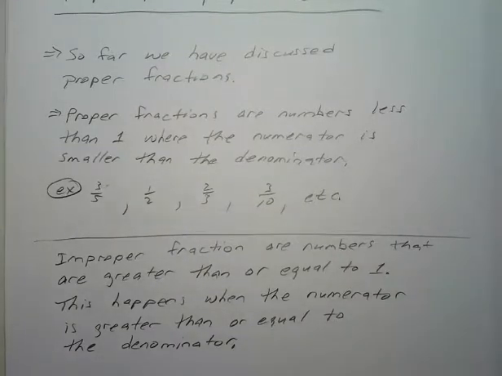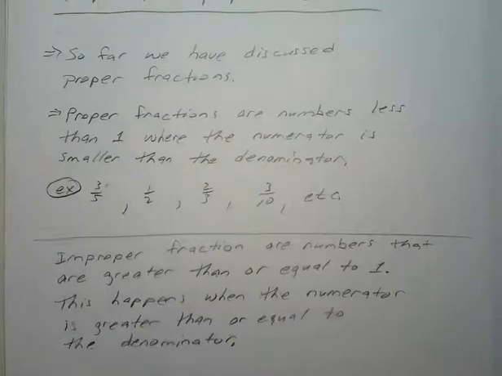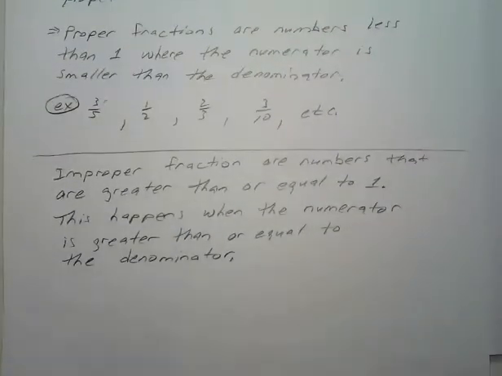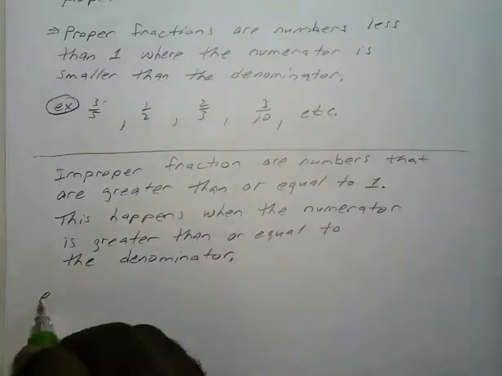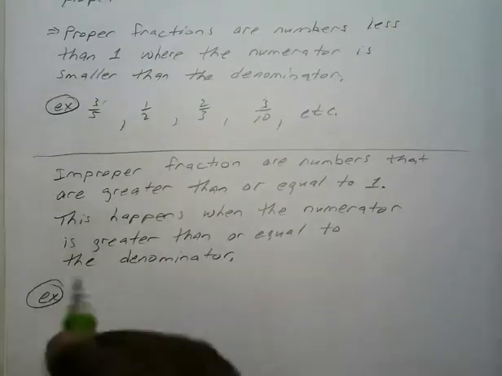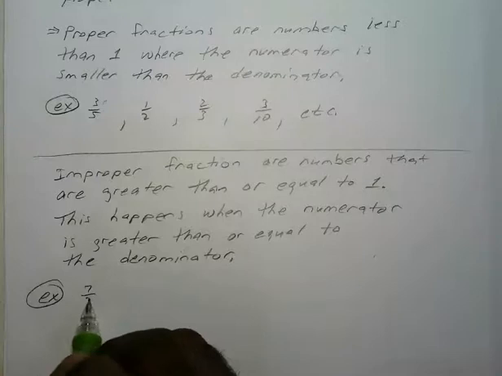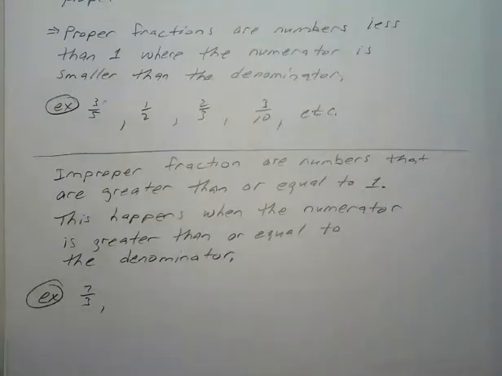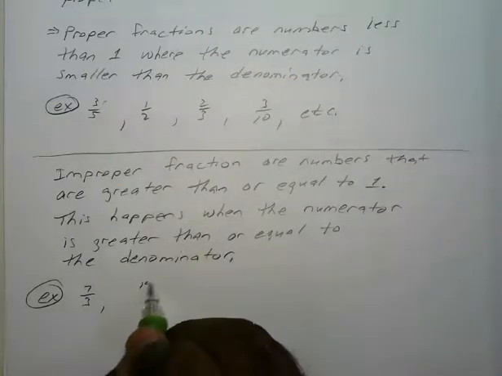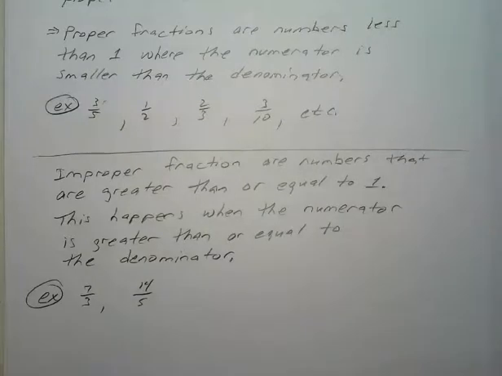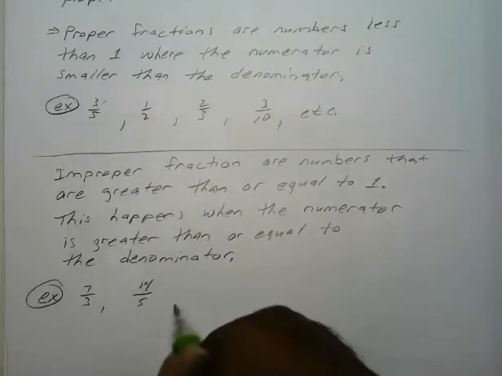So let's say, for example, you have 7/3. That's an improper fraction. You have 14/5. That's an improper fraction. You have 8/1.